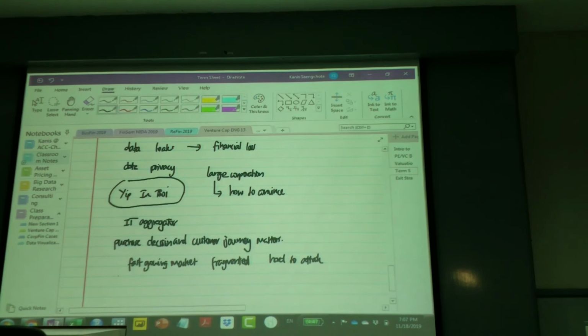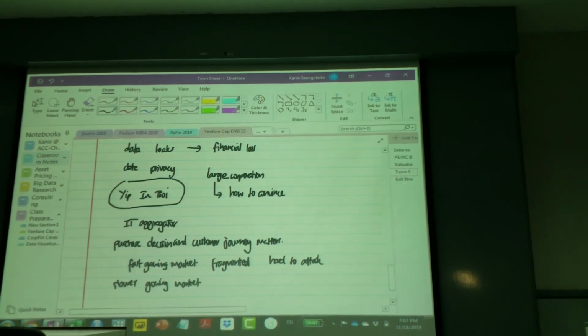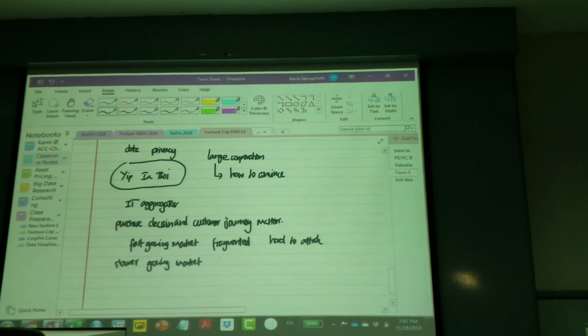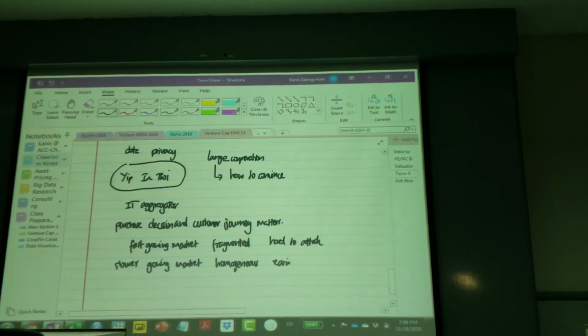Versus a slower-growing market, but more homogeneous. So this could actually be easier to attack.